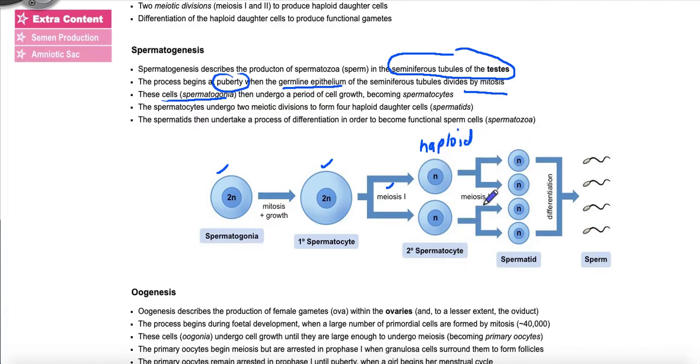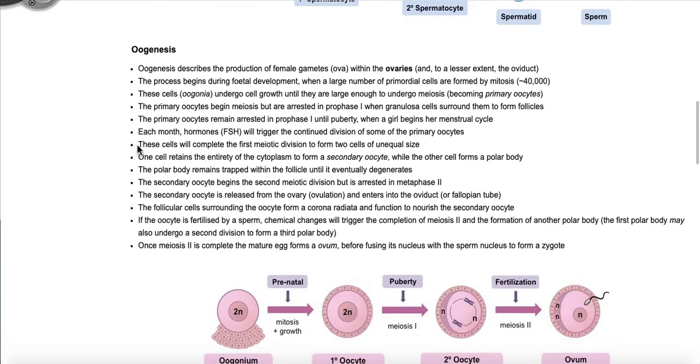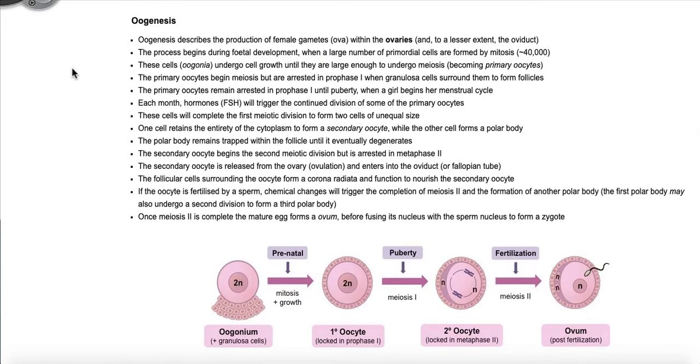Then the second meiotic division happens, and you end up with 4 haploid cells, or 4 spermatids. Now, these spermatids still need to differentiate to become functional sperm, or spermatozoa. So pretty simple. The process of oogenesis is a little bit more complicated.